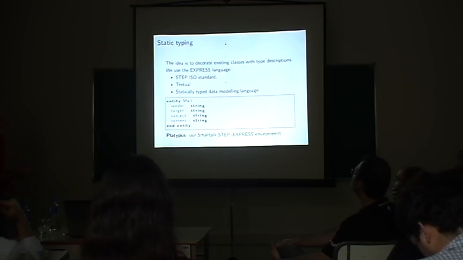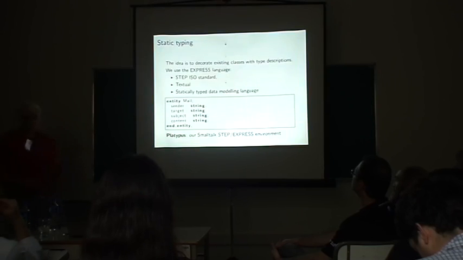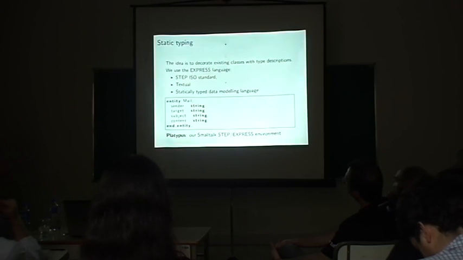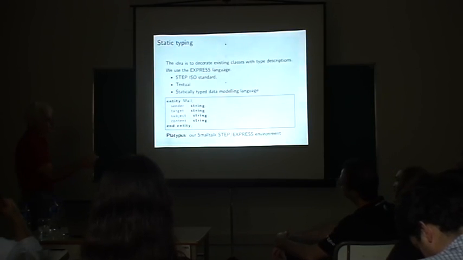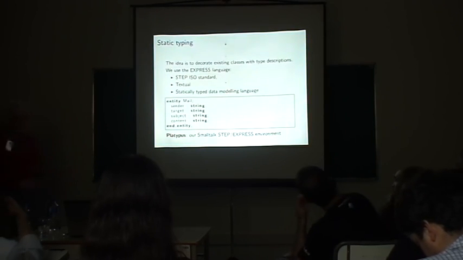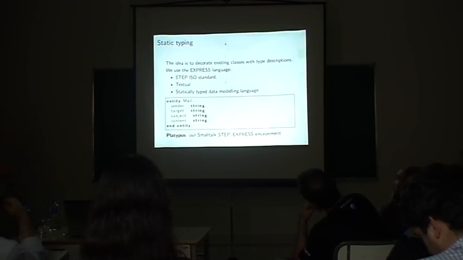In our environment, we are using the Express language. Here you see a simple example, and it's straightforward to understand. This is the description of an entity, a mail entity, with sender and object, which are strings.